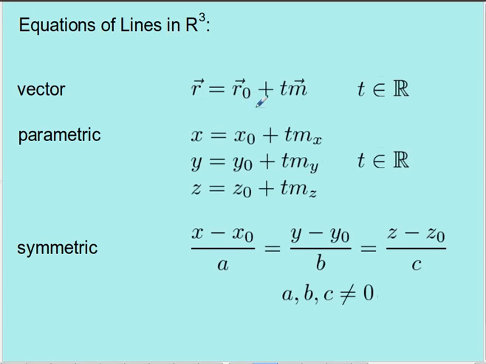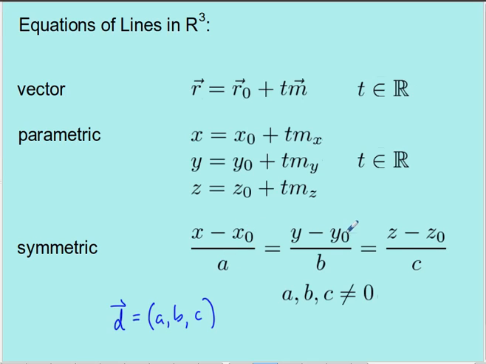In R3, we have those vector equations, we have those parametric equations, and then we also introduced another type called a symmetric equation of a line in R3. And the one thing I think I'll just point out here is that the direction vector from the symmetric equation, we actually get that from these values, A, B, and C. That's the direction vector of this line.